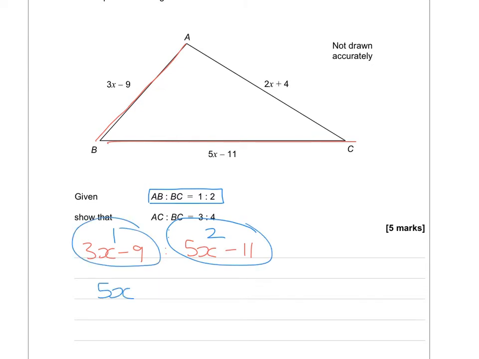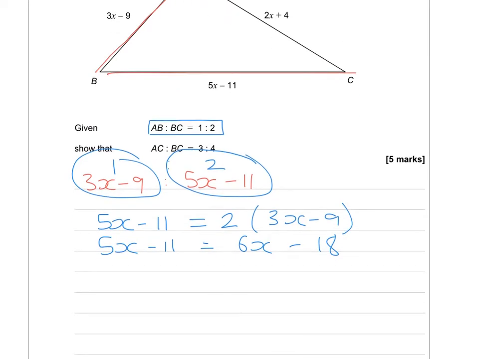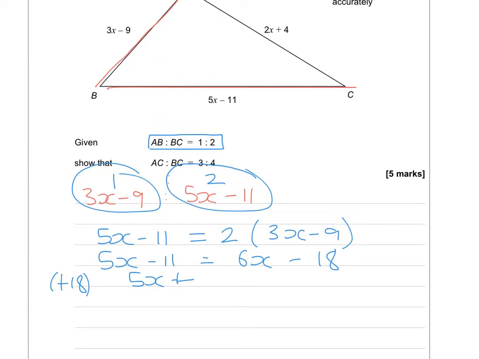So 5x minus 11 has to be equal to 2 lots of 3x minus 9. Solving this, 5x minus 11 equals 6x minus 18, expanding the bracket. Then if we add 18 to both sides, 5x plus 7 is equal to 6x. Subtract 5x, giving us 7 equals x, or x equals 7.